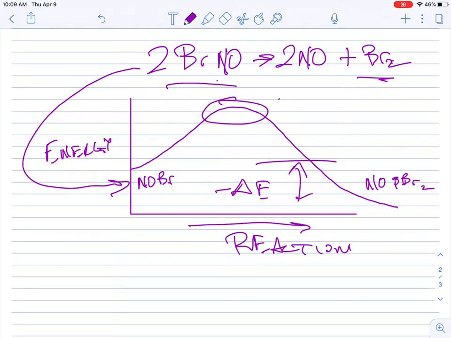I've got my transition state up here, where I've broken the bonds that hold the bromine, the nitrogen, and the oxygen together. Then I end up down here with these products. It's exothermic. I end up with less energy than what I started with. So I've got a transition state, here's my products, here's my reactants. Hey, we're off to the races.